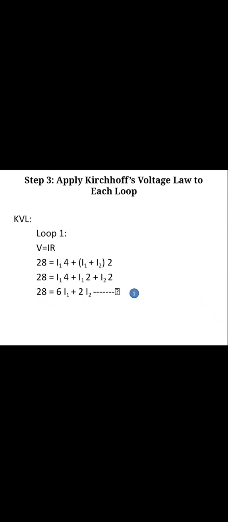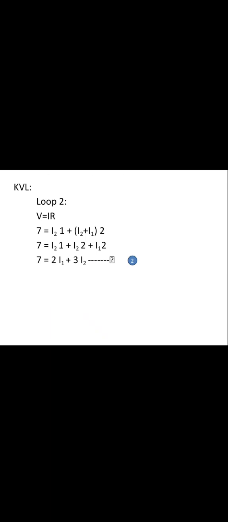Finally we get the first equation: 28 equals 6I1 plus 2I2. Then for loop 2, the KVL equation is 7 equals I2 plus I1 into 2. We simplify this equation and finally get 7 equals 2I1 plus 3I2.